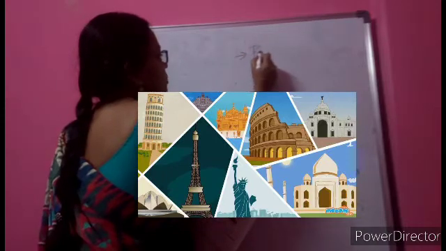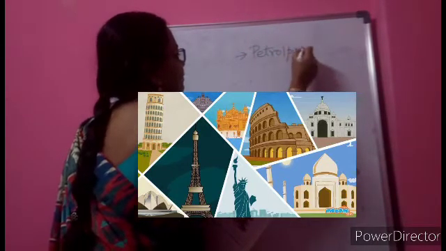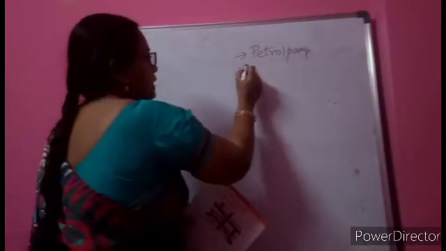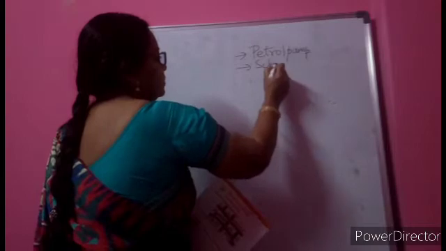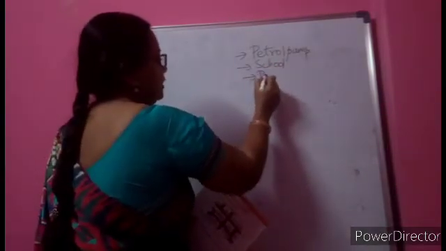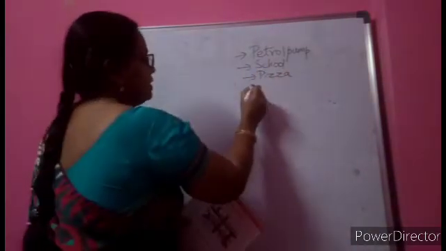So can you see the petrol pump? Very good. Petrol pump is one such landmark we find there. Then children, what else can you see there? School. There is a school. Then a pizza corner or pizza hut is there. Your hospital is there.